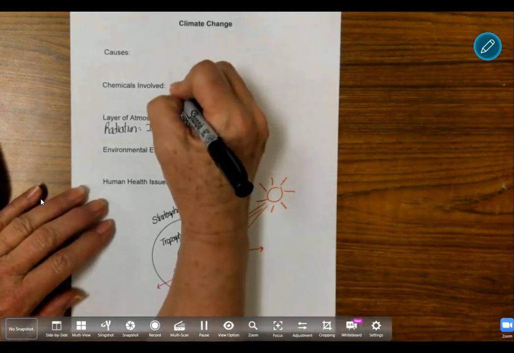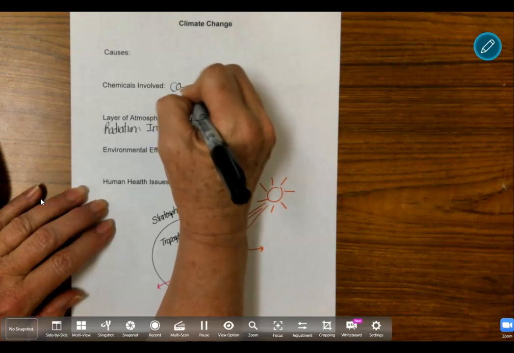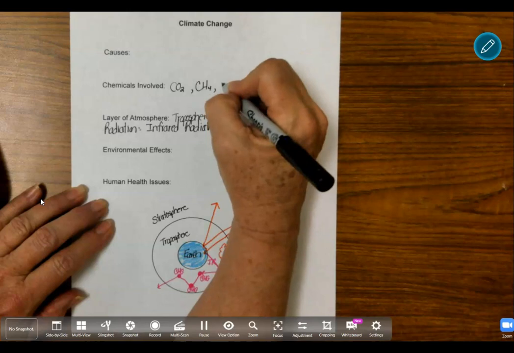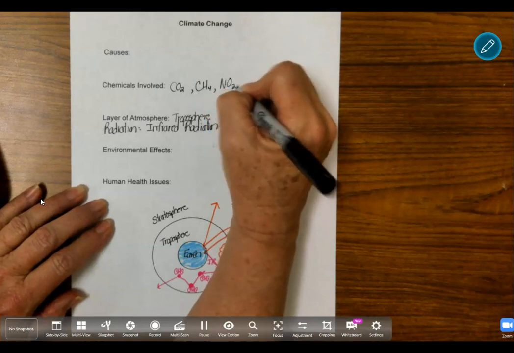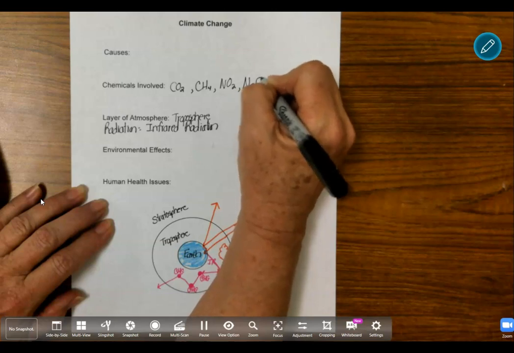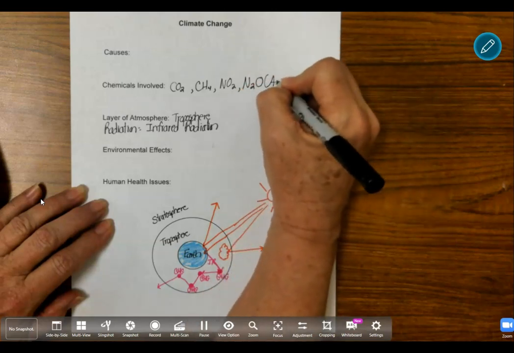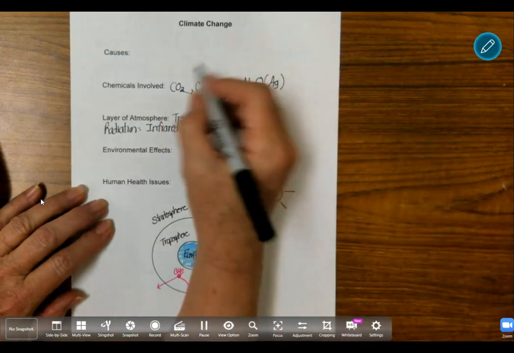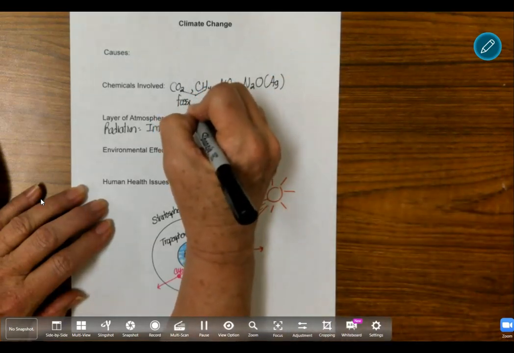You looked at several yesterday: carbon dioxide, methane, and then you also looked at NO2, but I'm more concerned really about N2O. Remember, this comes from agriculture. Both of these come from fossil fuels.